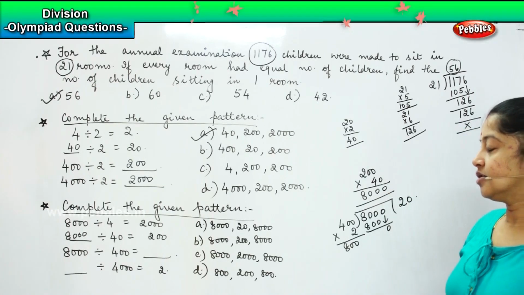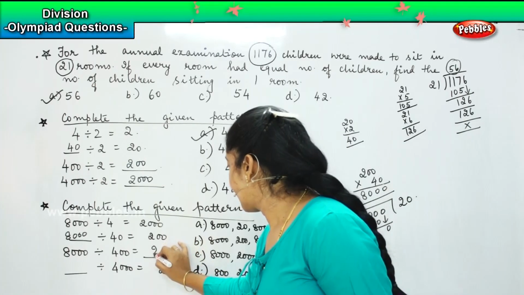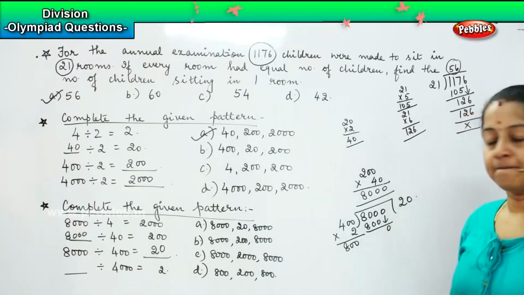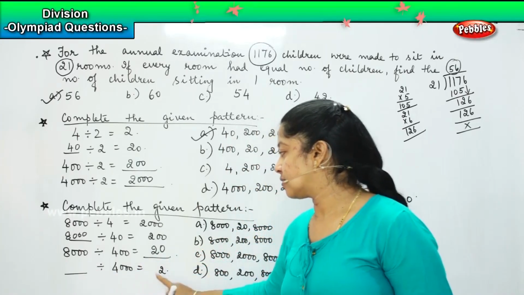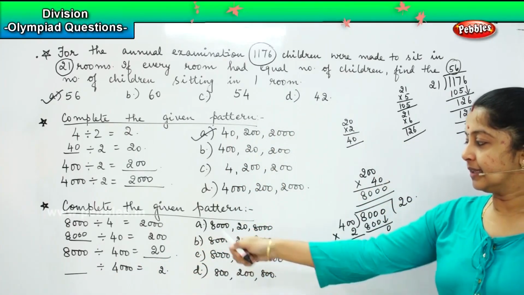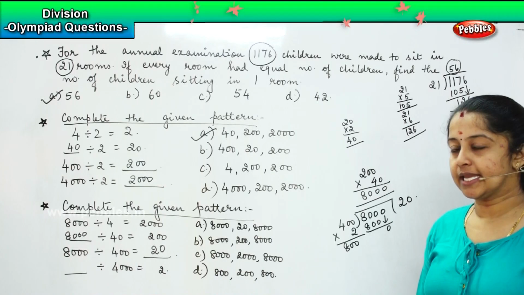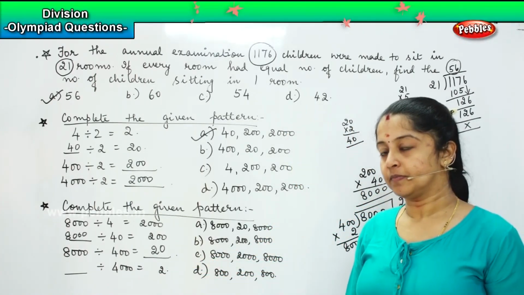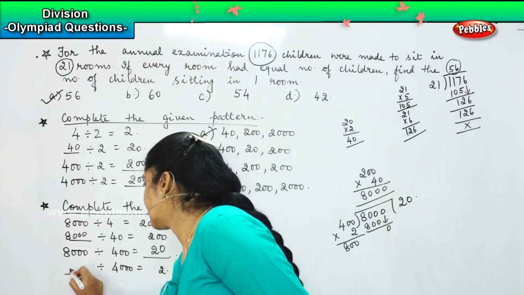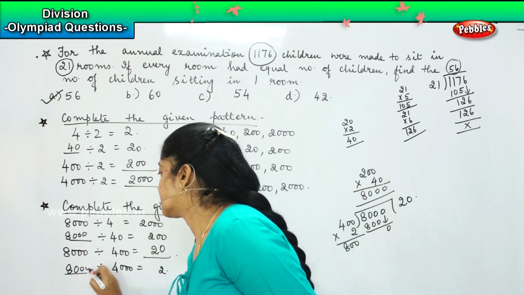So this will be 20. Okay. The last one says something divided by 4000 is 2. So again this will be how much, children? Just think and see. If I multiply this 4000 into 2, how much will I get? 8000, right? So here it will be 8000.